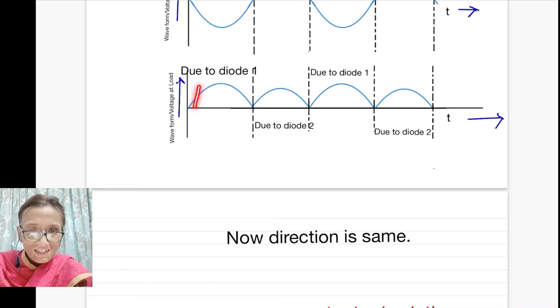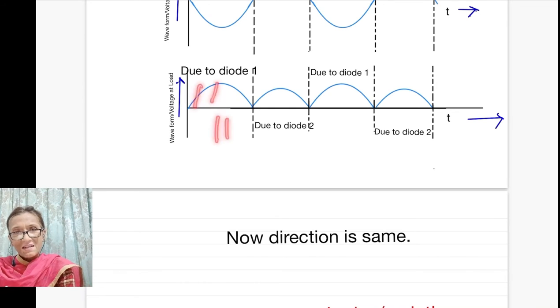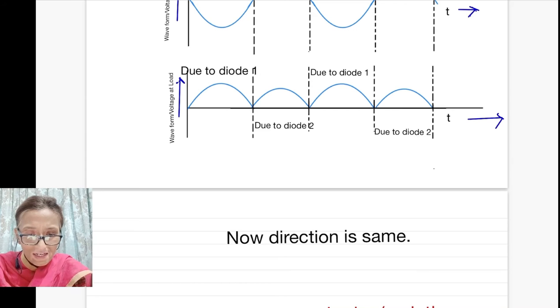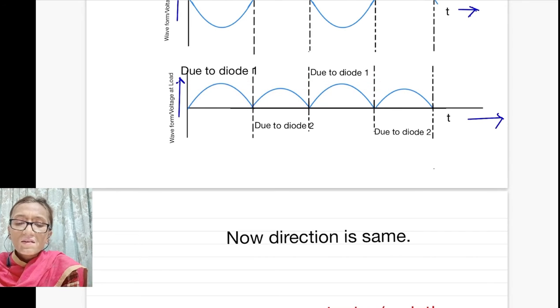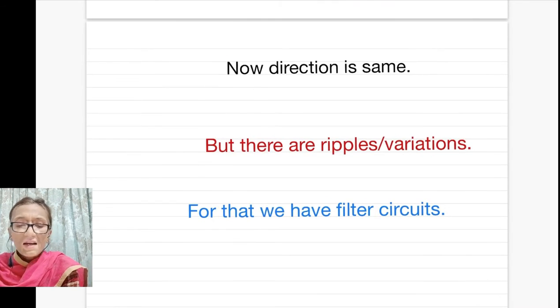Direction is not changing like in AC. So it is converted into DC. But you can see that there are ripples. They are not a uniform or steady value. There are variations. So for that we will use a filter circuit.